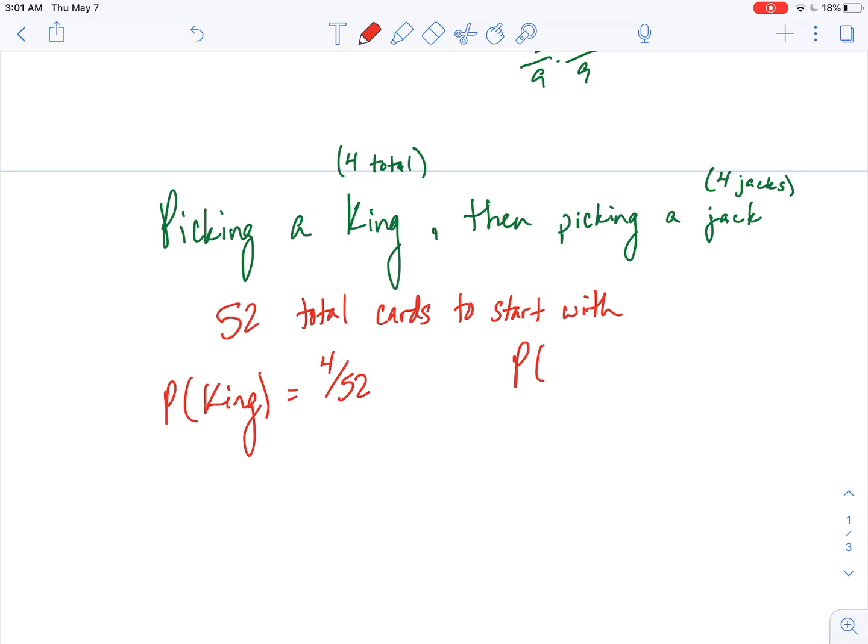So the probability of picking a jack, I still have 4 jacks, but I took 1 away from this 52. So now I only have 51 cards. Then this final probability would be 4 out of 52 times 4 out of 51.